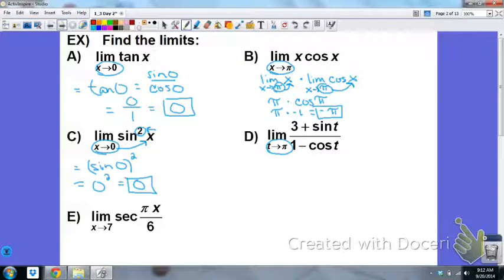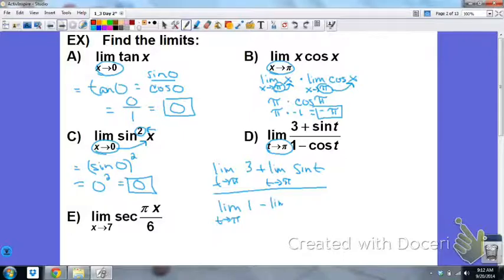So we can rewrite it as the limit as t approaches pi of 3 plus the limit as t approaches pi of sine t over the limit as t approaches pi of 1 minus the limit as t approaches pi of cosine t.